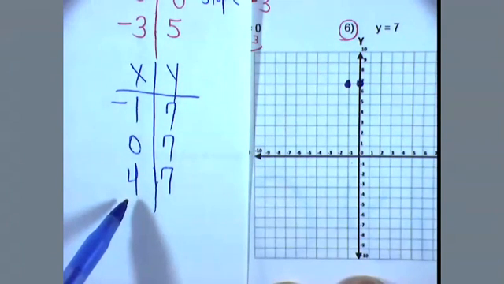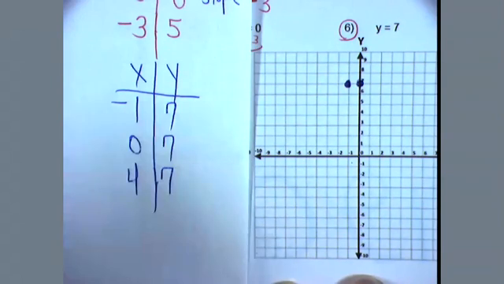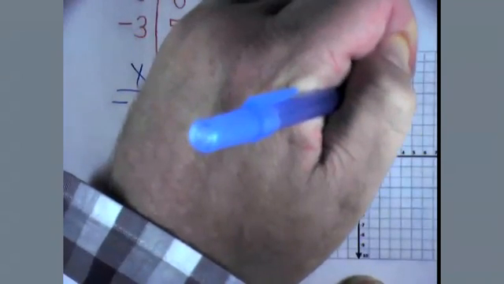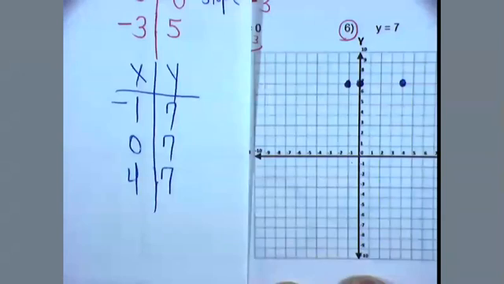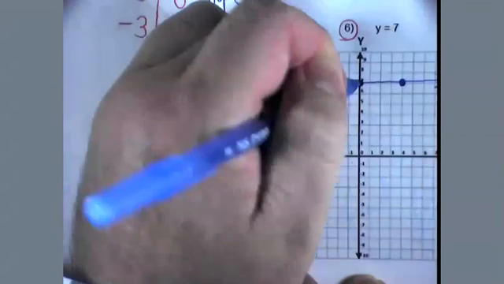And the ordered pair 4, 7 means we go east 4 blocks and north 7 blocks. And when you connect the dots, you get a horizontal line.